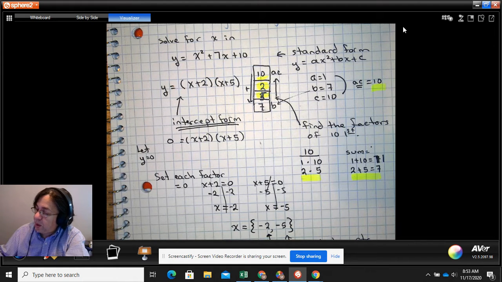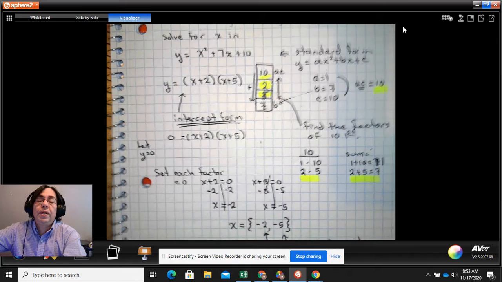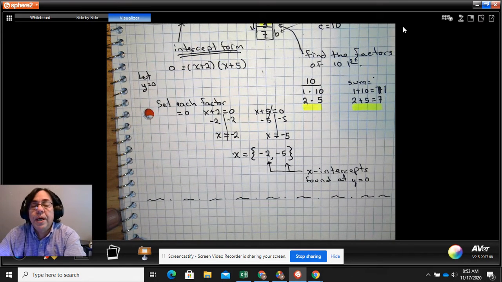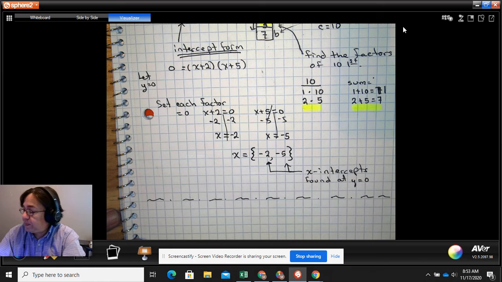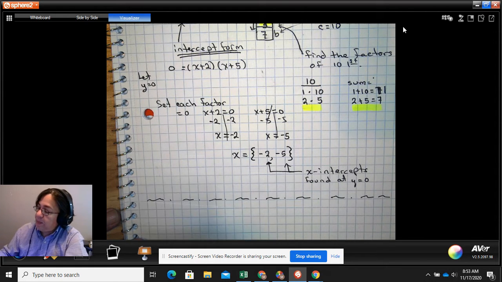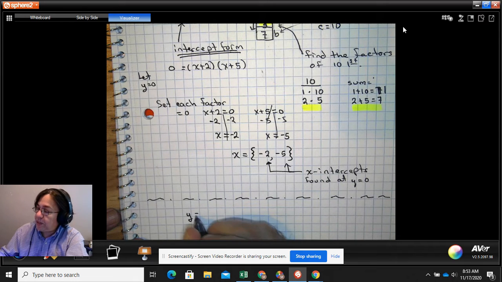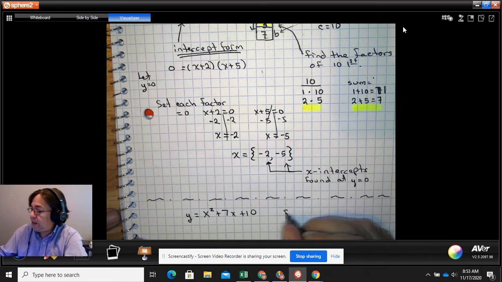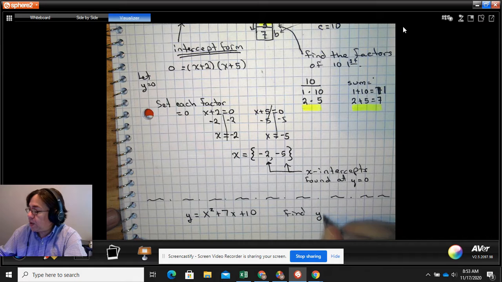The part that people will possibly get confused with is I'm going to take the same equation, and this time I'm not going to find the x-intercepts. This time I'm going to take the exact same equation, y equals x squared plus 7x plus 10, and find the y-intercept.